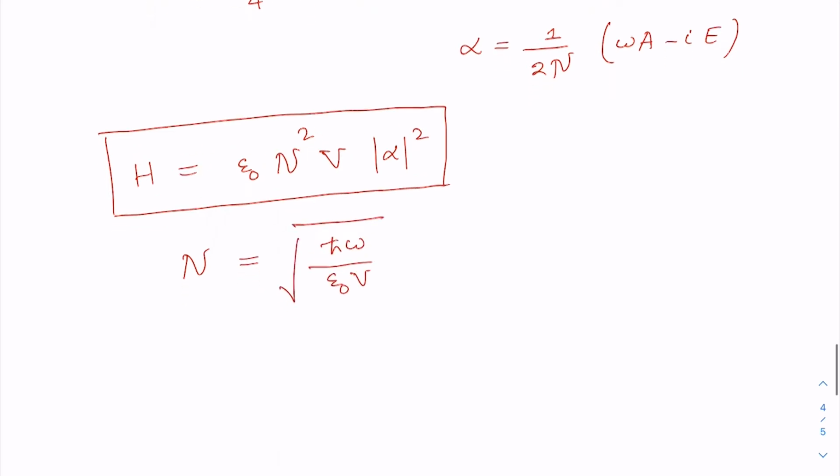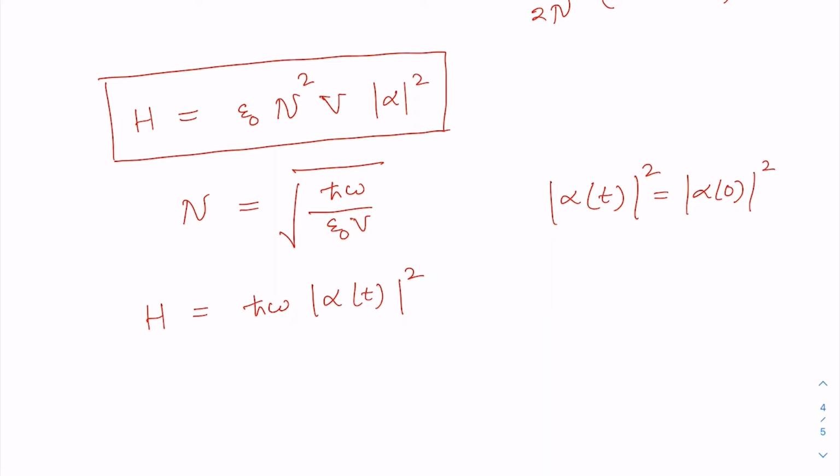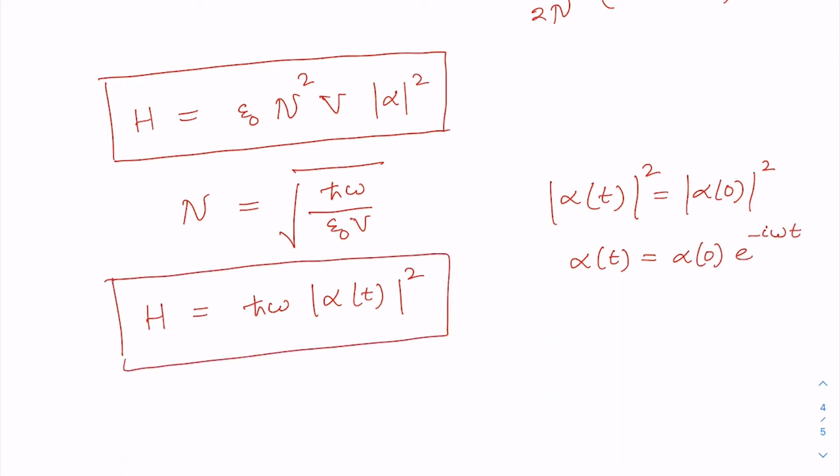Then I can write my Hamiltonian H as h cross omega mod alpha of t whole squared. And please note that mod alpha of t squared is equal to mod alpha of 0 squared, because you remember alpha of t we can write as alpha of 0 e to the power minus i omega t. So this is the expression for the Hamiltonian.